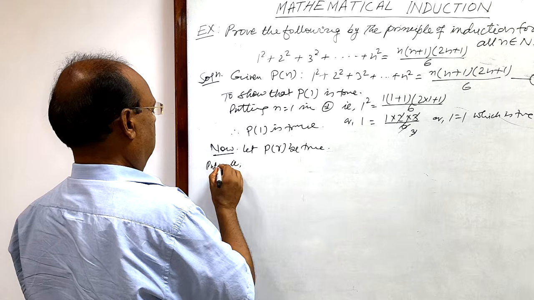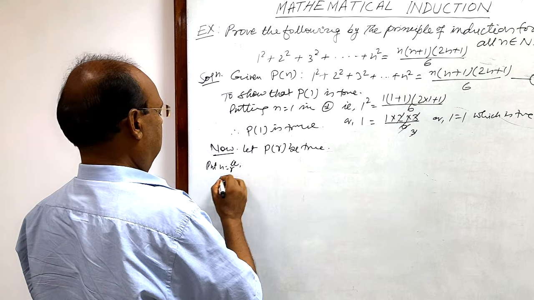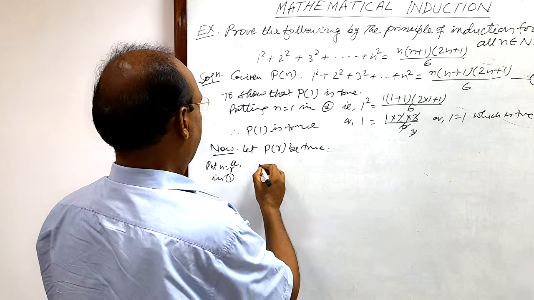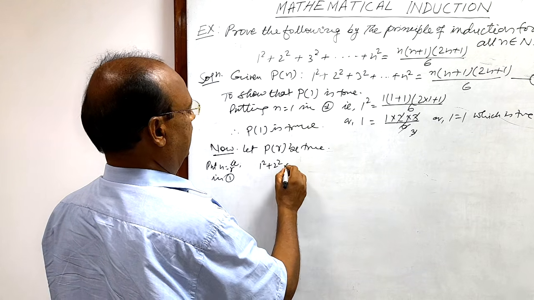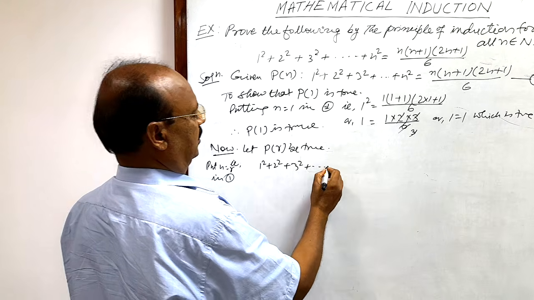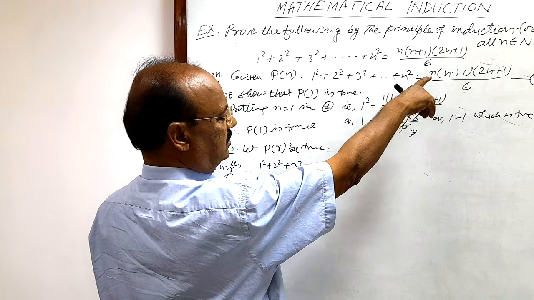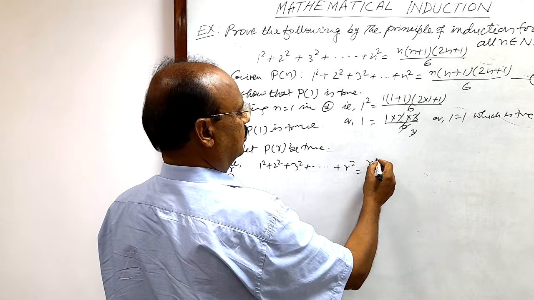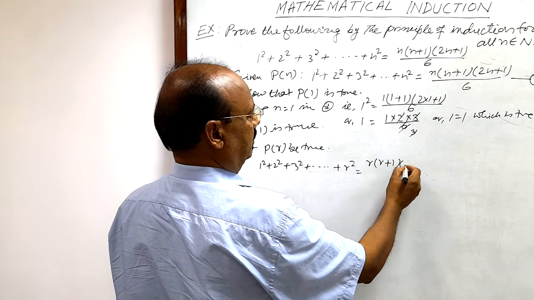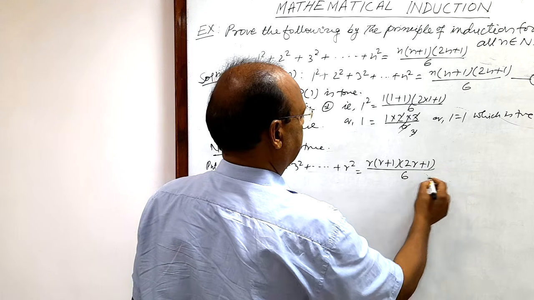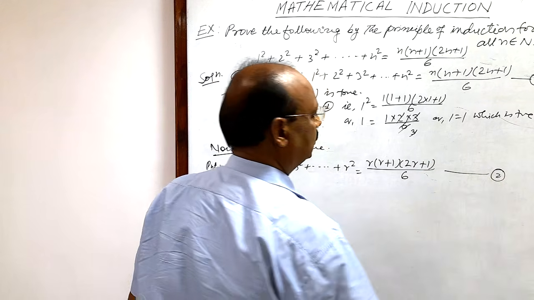That is, put n equal to r in relation number 1. So that is 1 square plus 2 square plus 3 square up to r square is equal to, in the right hand side put n equal to r, r into r plus 1 into 2r plus 1 divided by 6. Write it as relation number 2.